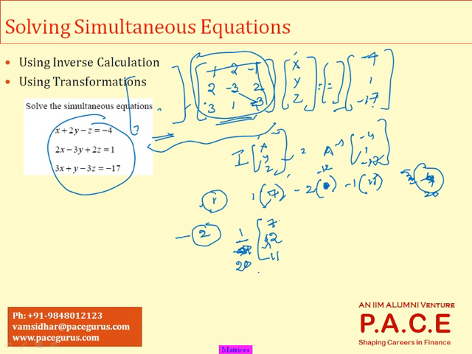Then for the second row, first column, 2 into minus 3, minus 6 plus 1, minus 5. Take the change of sign, so make it 5. And then for the second row, second column, minus 3 minus of minus 3, which is plus 3. Minus 3 plus 3, making it 0.